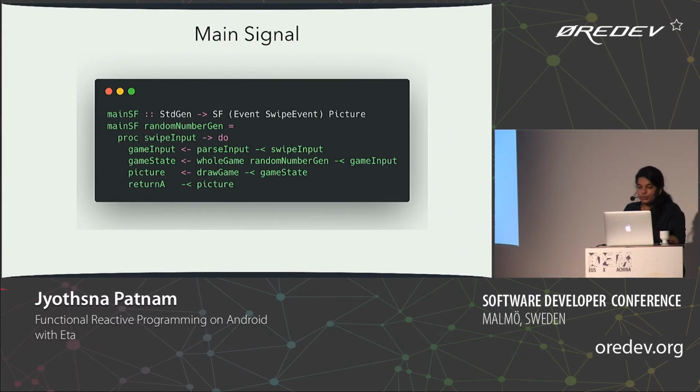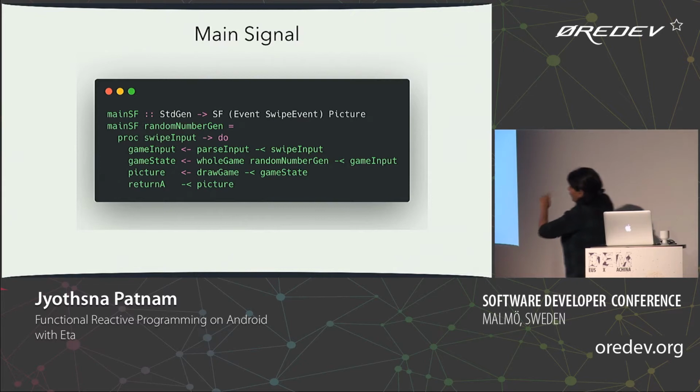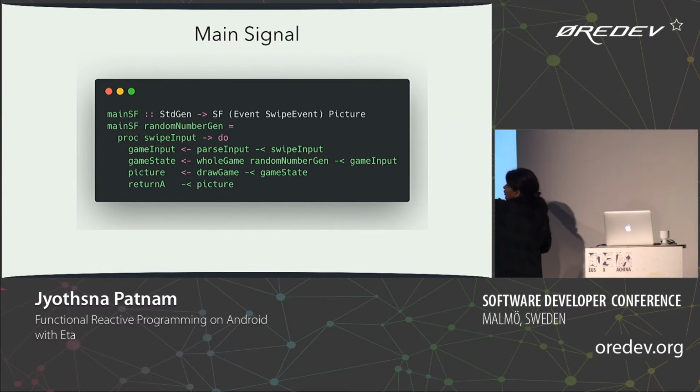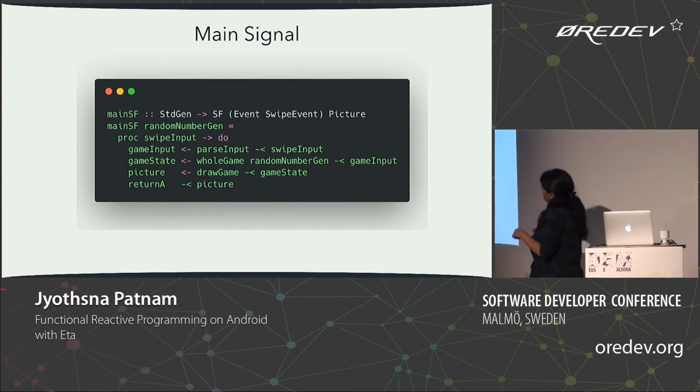allows you to represent any signal function in terms of other signal functions. So the swipe event you see here is an input to our parse input signal function and converts the swipe input to game input. And in the next step, the game input is an input to the whole game signal function and results in a game state.